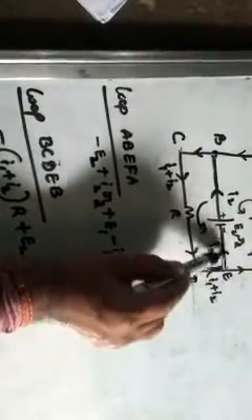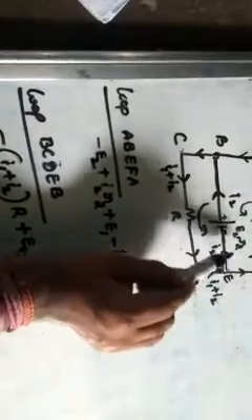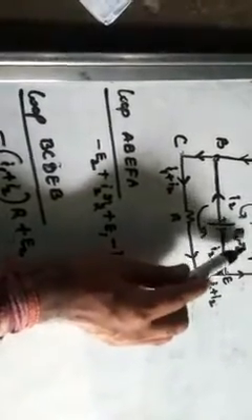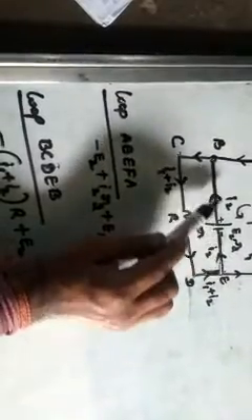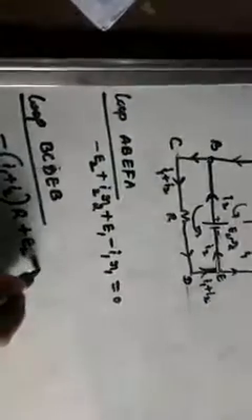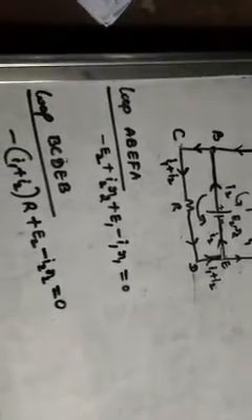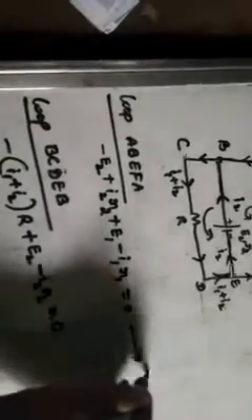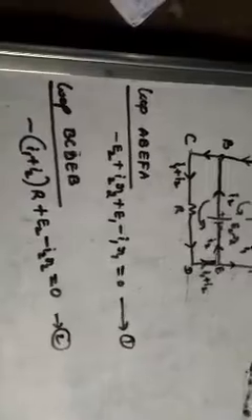Moving E to B, loop direction and current direction are the same, so the potential difference across the resistor by the IR formula is negative, minus I2 R2, which is equal to 0. This is the first equation, this is the second equation. Solve the two equations and you will get the I1 value and I2 value also.